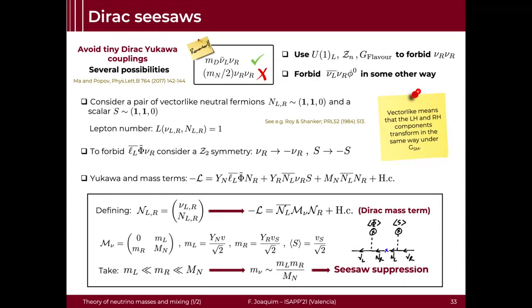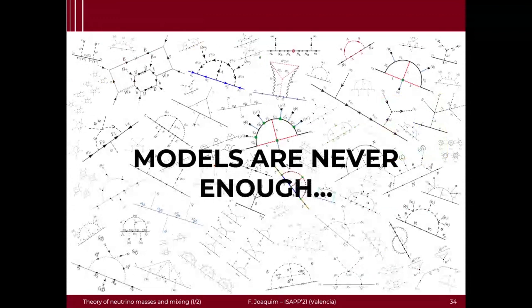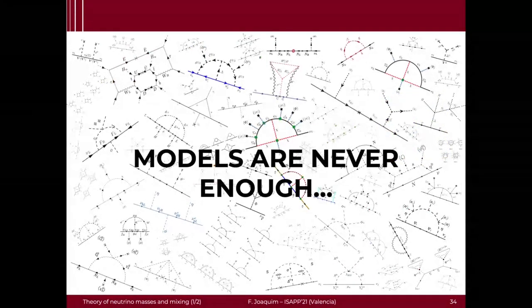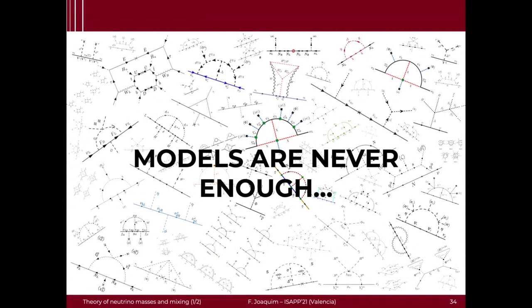Actually, there are many other possibilities to realize suppressed Dirac neutrino masses. Up to now, we have seen that there are a lot of models for neutrino mass generation. What I've shown you is just a small sample of it. There are many dozens of models, depending on which fields you want to add.